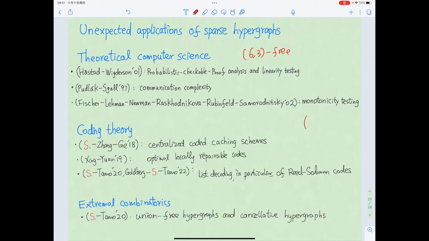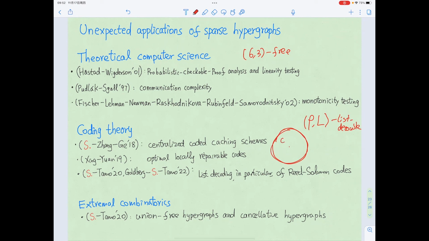In list decoding, we say a code is not (ρ, L) list decodable if there is a ball, you can imagine a Hamming ball or a Euclidean ball, that contains many code words or many vectors.